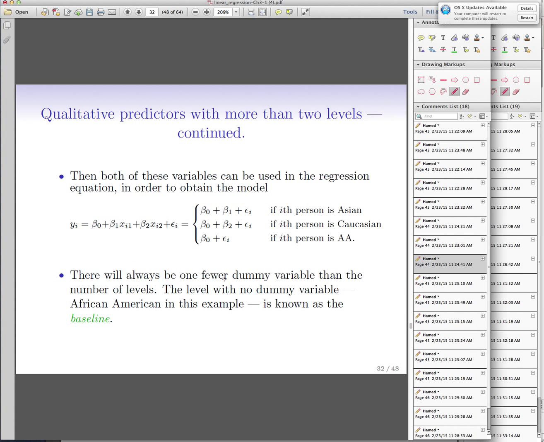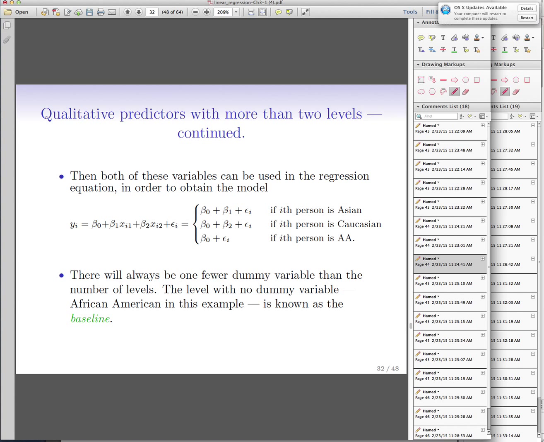Here are the results you get. For Asians, since we define x_i1 as 1 for Asians, that's an indicator variable for Asians. For Asians, the other one becomes 0 because they are not Caucasians. If they're Asians, they're not Caucasians.